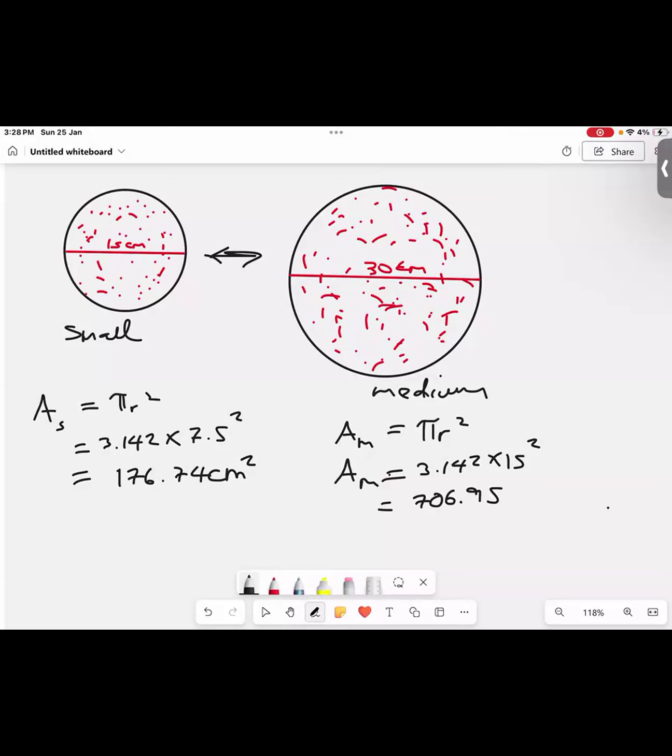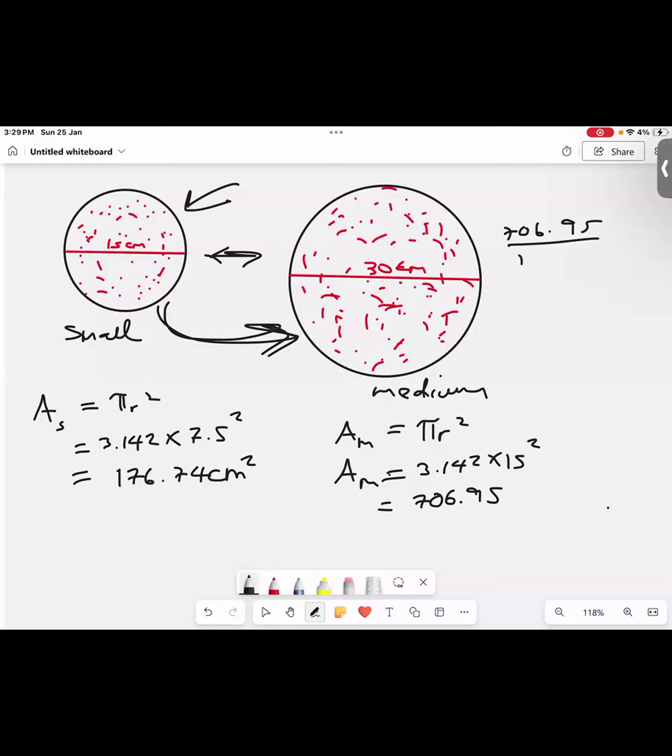All right, now, we want to compare the size. So I need to know how much of this can fit into that. How much of this can fit into this? So I'm going to divide the area of the large pizza by the area of the small. So that's going to be 706.95 divided by the small one.